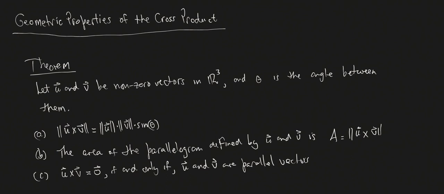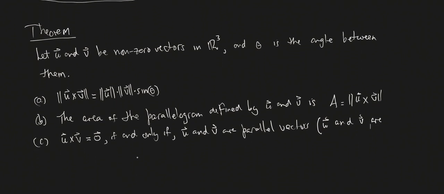In other words, and remember what parallel means for vectors is that they're scalar multiples of each other, so I'll just put that in parentheses: U and V are scalar multiples. Once you have scalar multiples, then the cross product of the two vectors would have to be equal to zero.